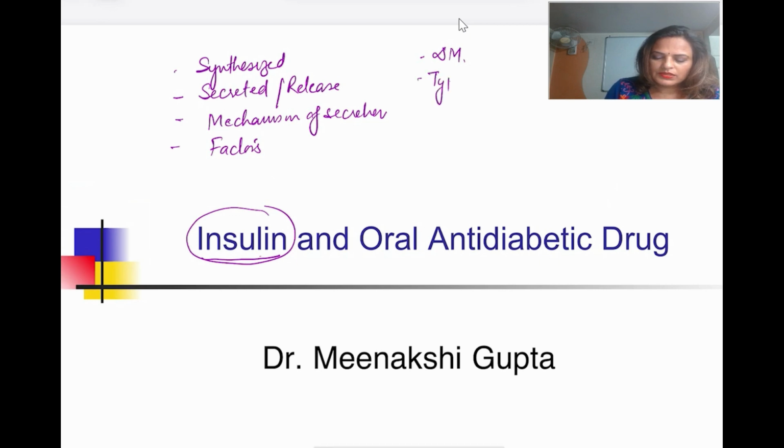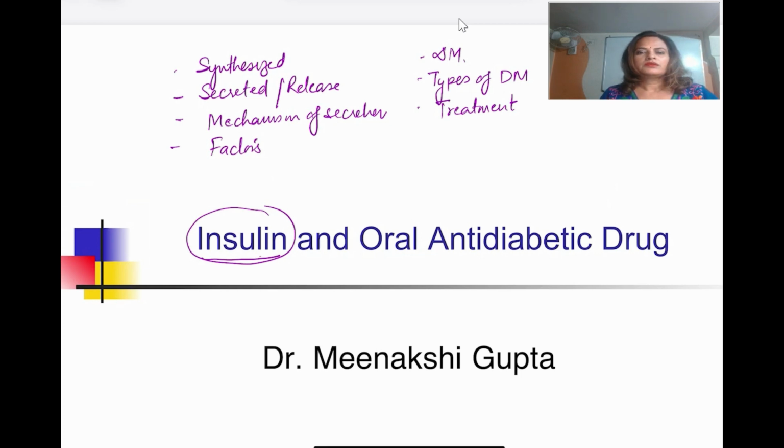Then what are the types of diabetes mellitus and ultimately the treatment. We started with this treatment part of the diabetes mellitus.